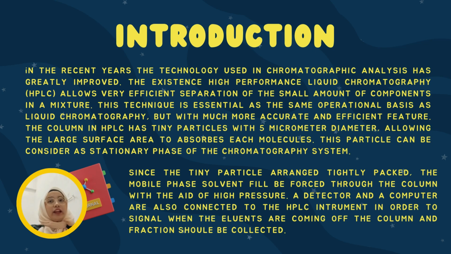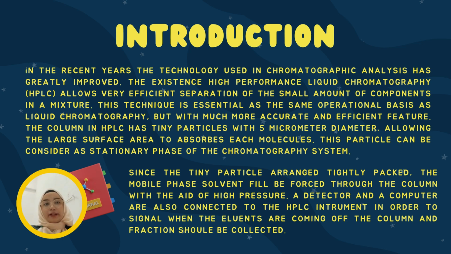It has an efficient feature, as the column in HPLC has a very tiny particle diameter, which is 5 micrometers, and this allows a large surface area to adsorb each of the molecules. Therefore, these particles can be considered the stationary phase of the chromatographic system.